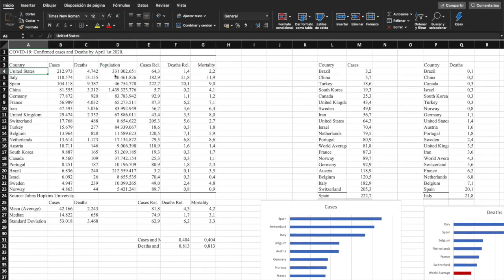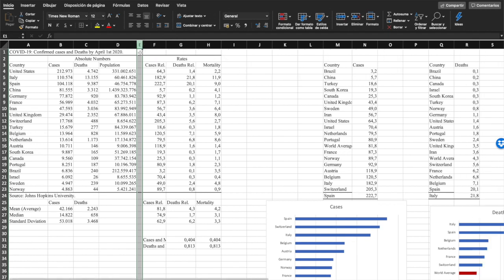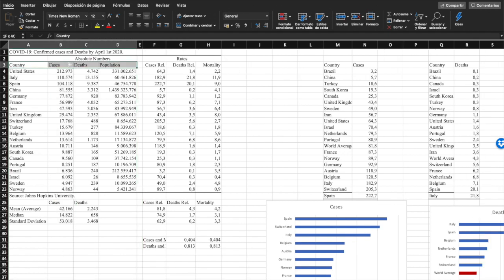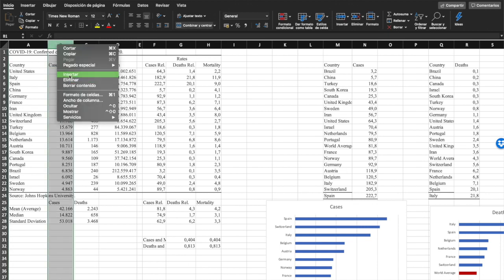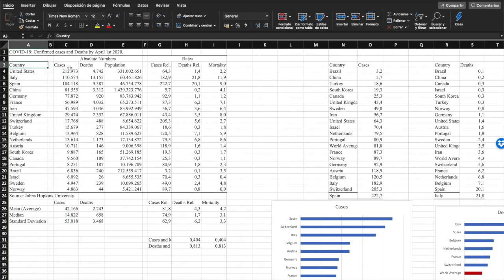This is just format. You can use all the format you want. I'm just creating here some formats to make it easier to visualize the data. It's just styling the table.